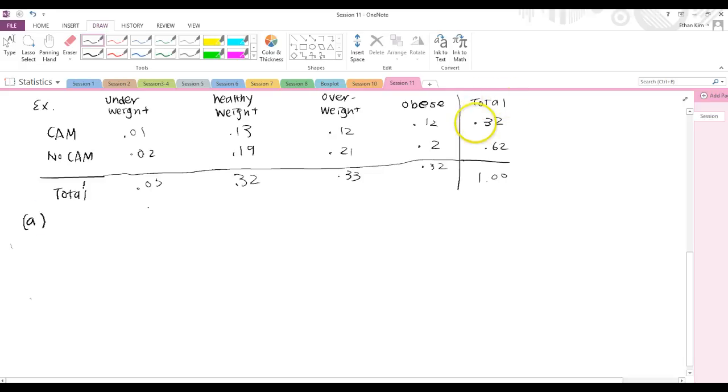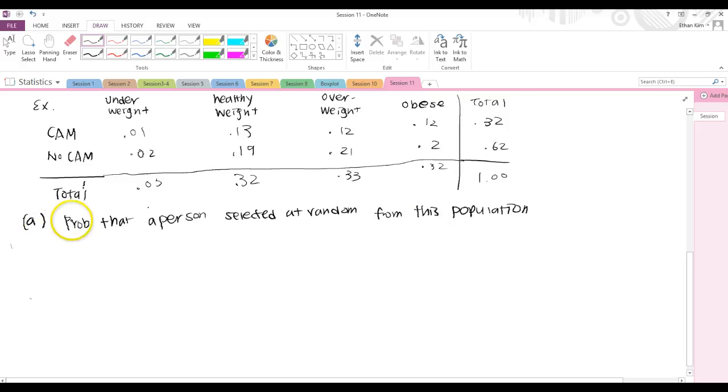So what is the probability that a person selected at random from this population will have used CAM in the past year?